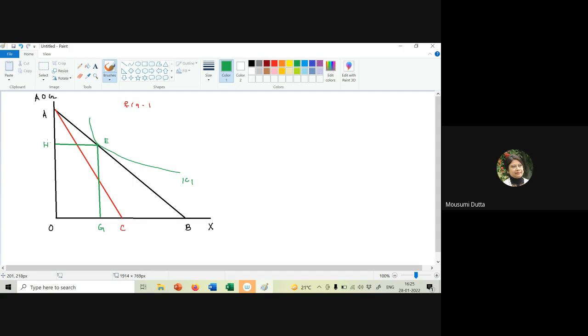Okay. Now, as a tax is imposed on X, the price of X goes up and the budget line rotates to AC.